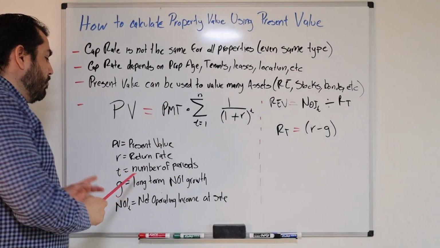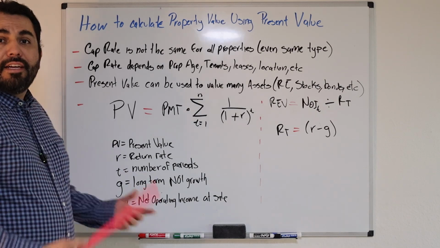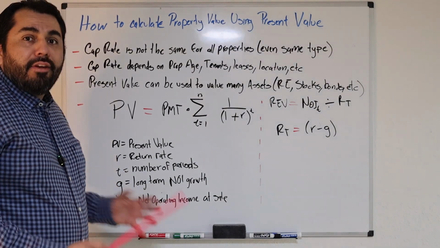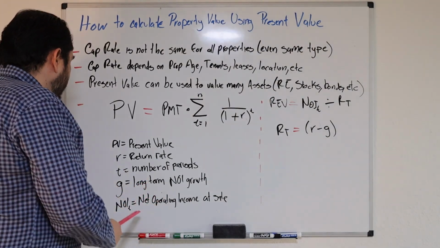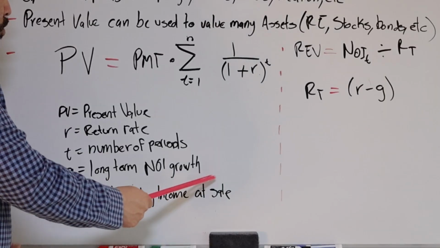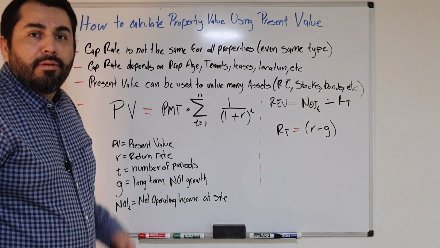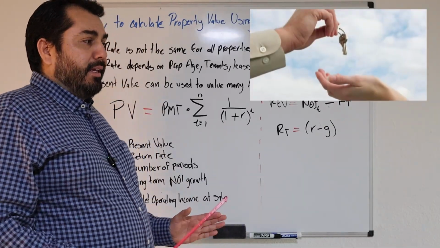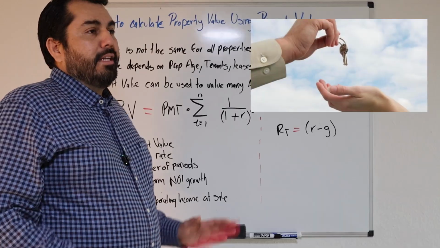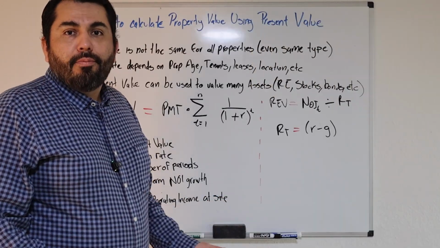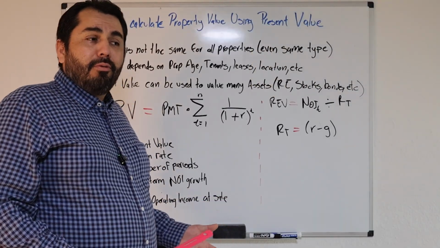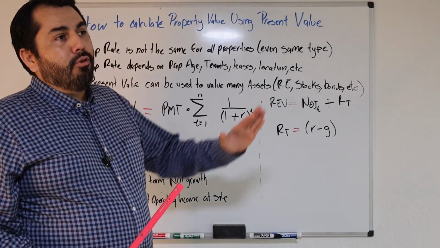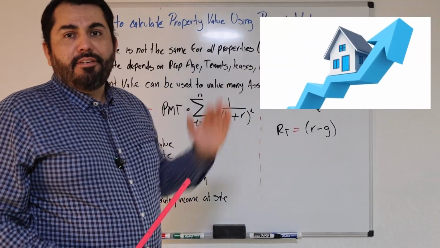R, as I told you, is the return rate that you will choose based on the risk of the investment. And G is the long-term NOI growth. So basically, when you purchase a property, or maybe you just develop a new property, those rents will grow more in the first years.